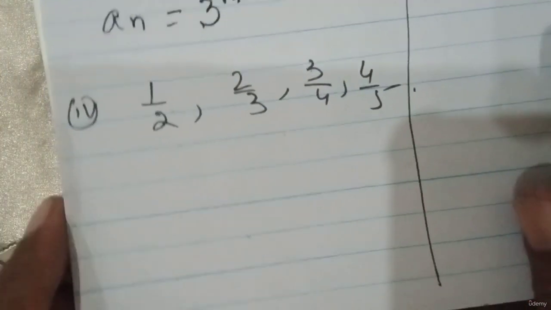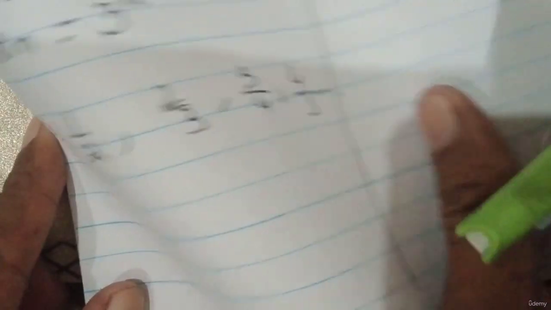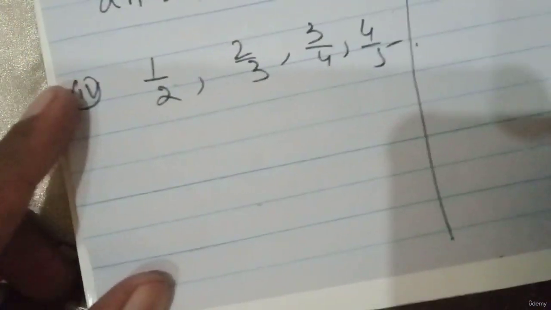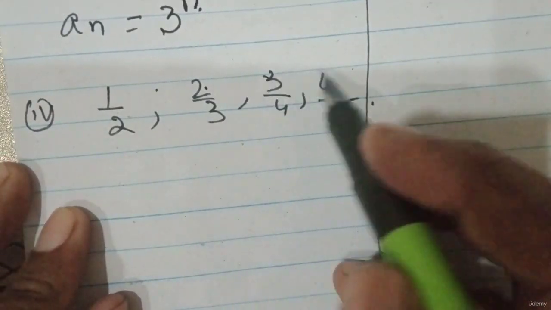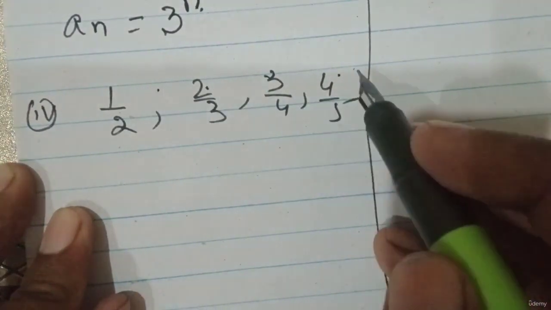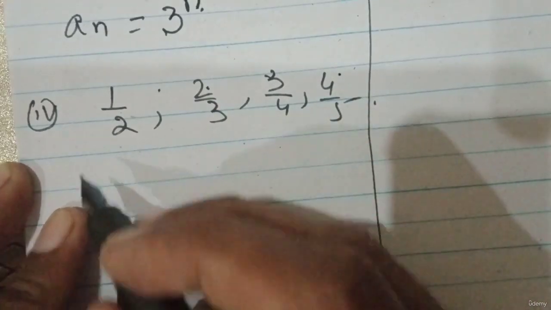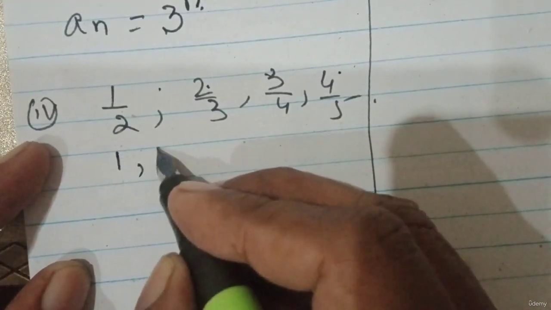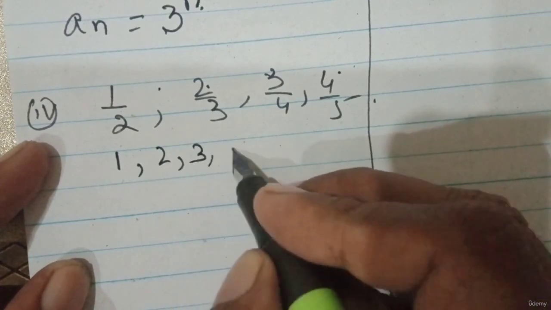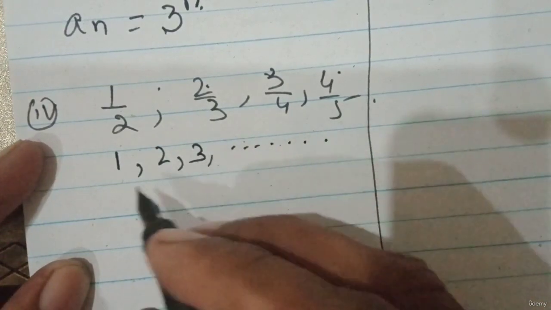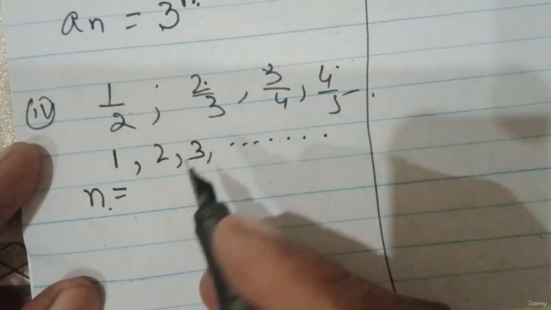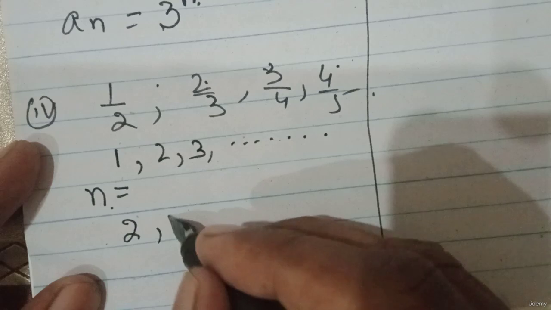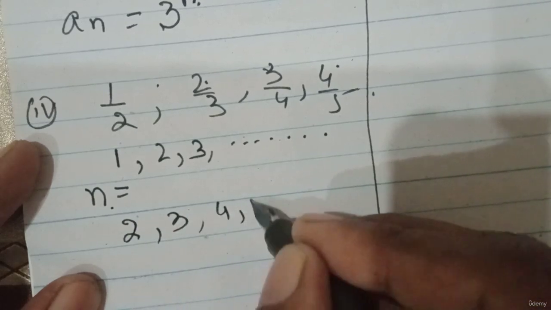Now let's see the next part. You can see 1 upon 2, 2 upon 3, and 3 upon 4. Now watch closely. You see 1, 2, 3 at the top, so the numerator is n. What about the denominator? 2, 3, 4, 5 and so on.